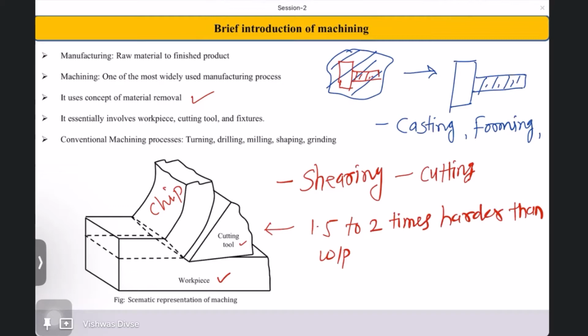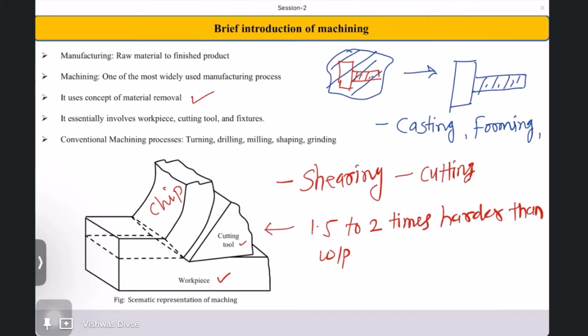So from a modeling perspective, what one can understand, if we are modeling this process, I should have a workpiece, its dimension, its properties. At the same time, I should know the cutting tool dimensions, cutting tool materials, its geometry. And fixtures. What about fixtures?